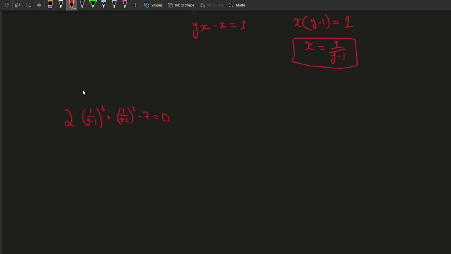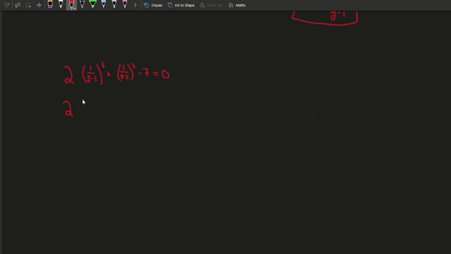Okay, so now let's simplify this. This would be 2 divided by y minus 1 cubed plus 1 over y minus 1 squared minus 7 equals 0.